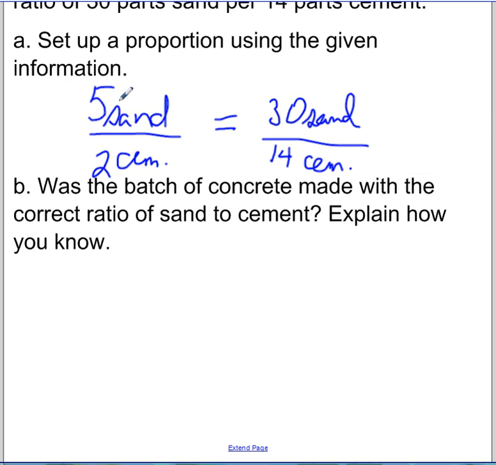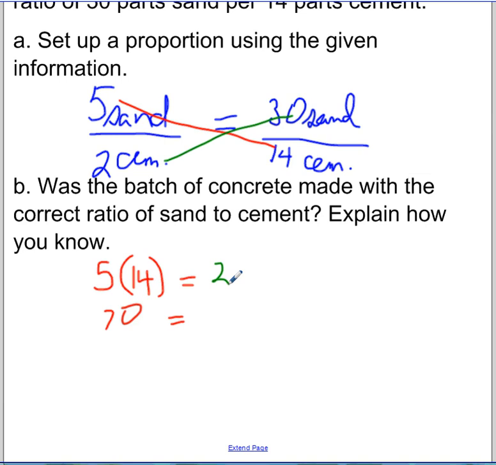So we're going to do 5 times 14, which gives us 70, and see if that's the same amount as 2 times 30, which is 60. So no, it didn't.